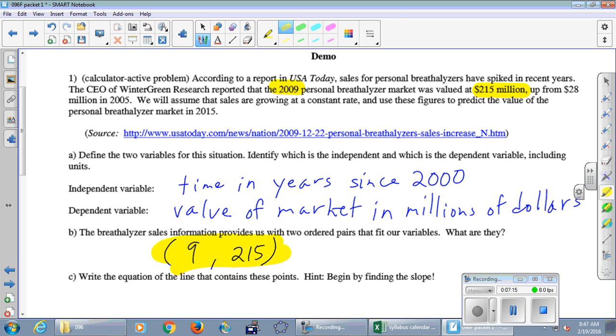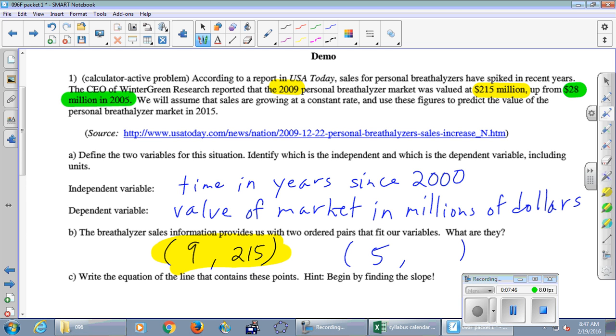Can you guys go ahead and write the other points based on the other information in the problem? Okay, what's the input? 5, right? Because we did years since 2000.